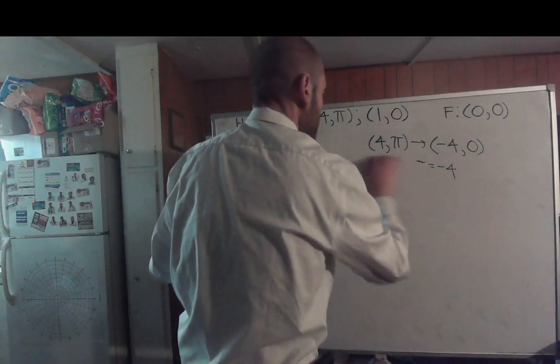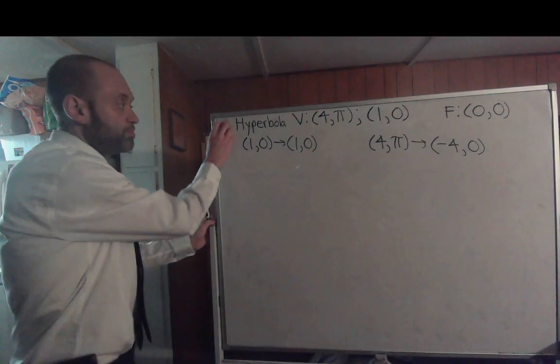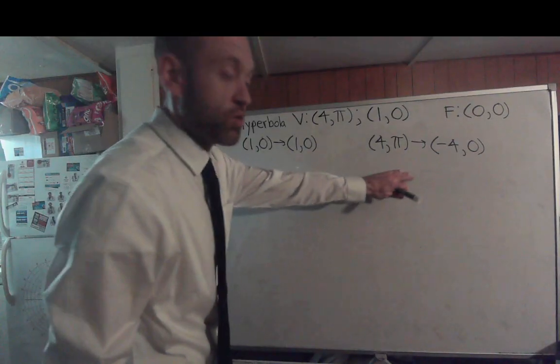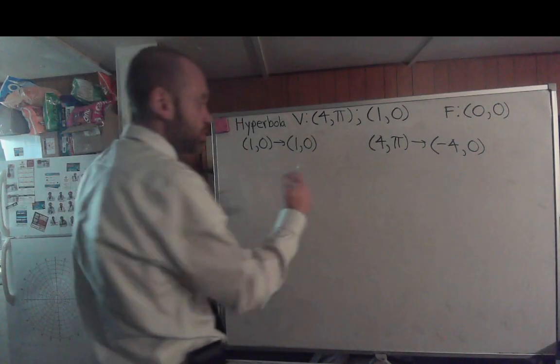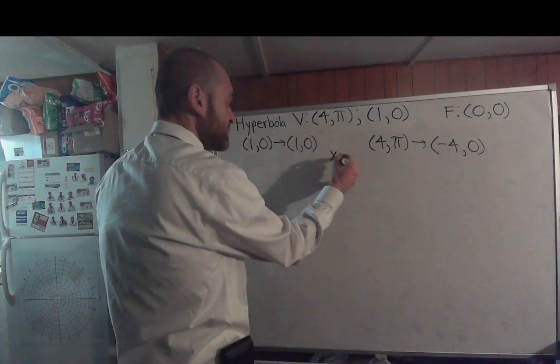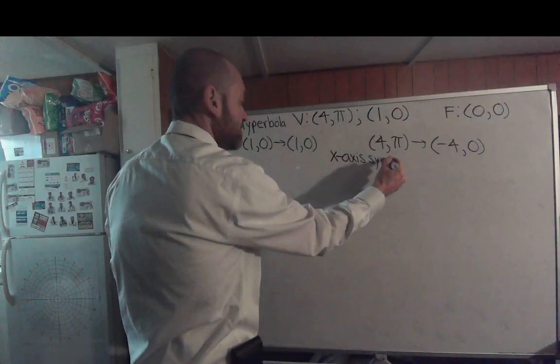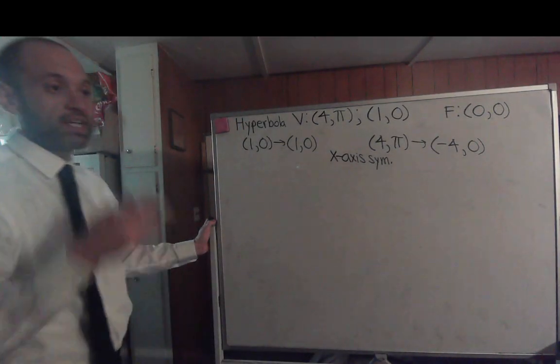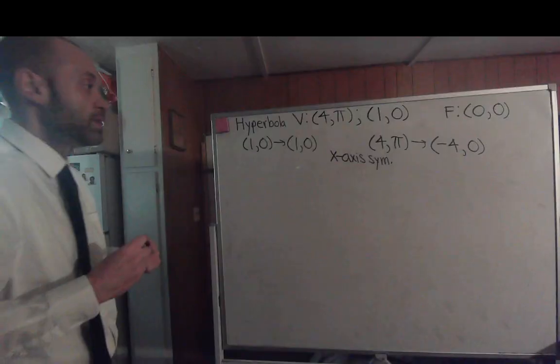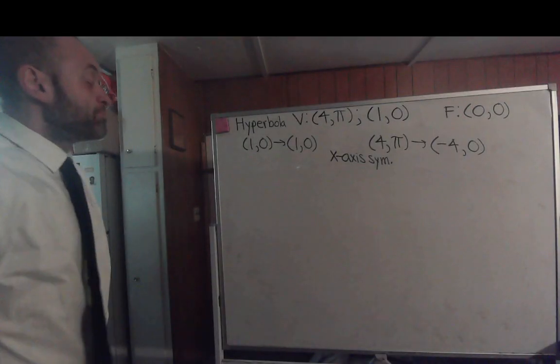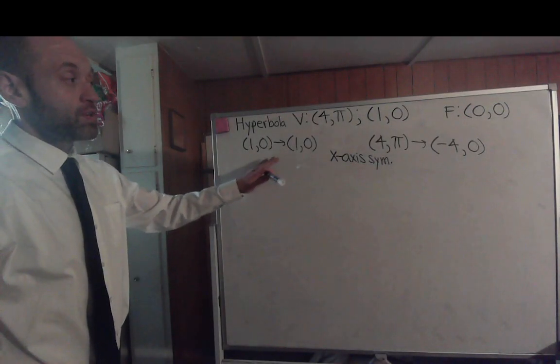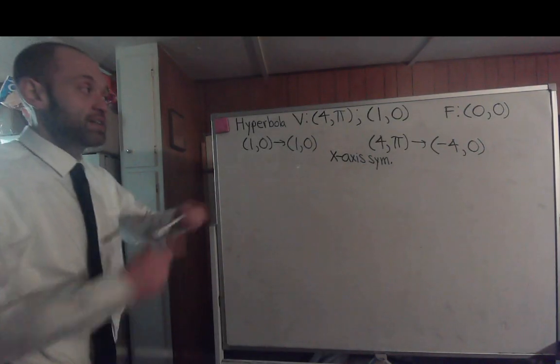So you have a hyperbola here with both of your vertices having the y coordinate 0. So I think it's safe to say this has x-axis symmetry, which is going to help us here in the end to form the equation of the directrix and to form the final equation. Okay, now we've found the vertices in rectangular form. Let's find the center.